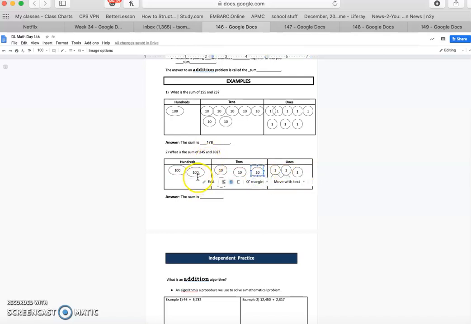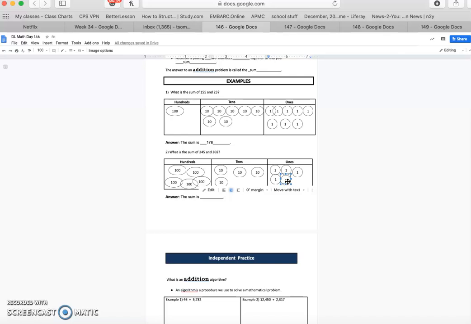Now we're adding on 302. So we have to add 300s. 1, 2, 3. So organize those. Now we need 0 10s, but we need 2 1s.